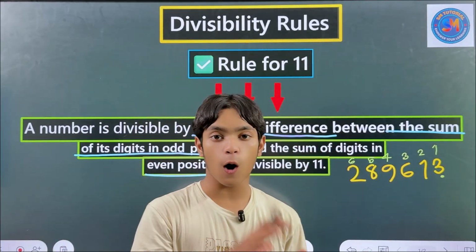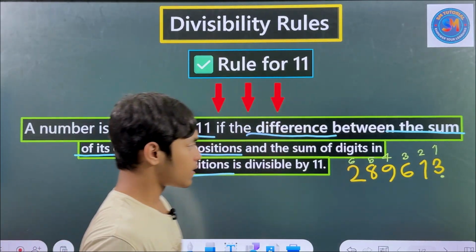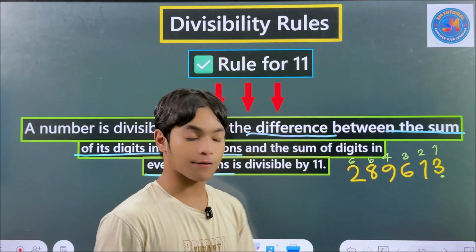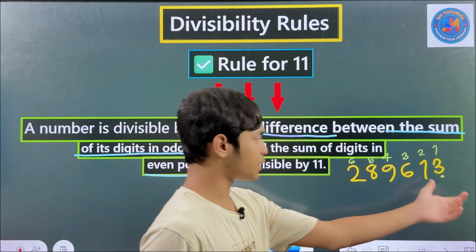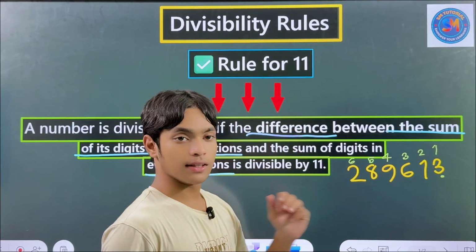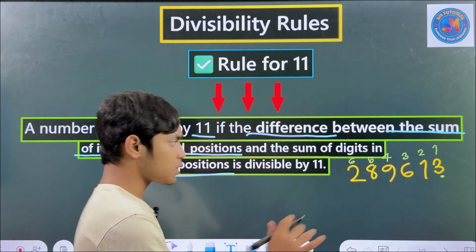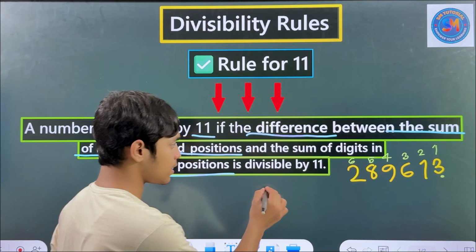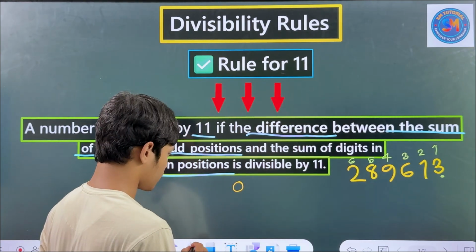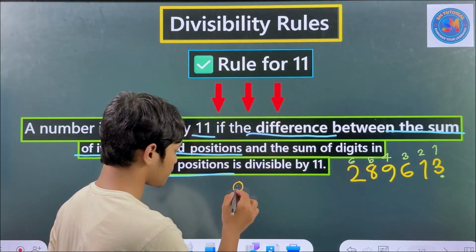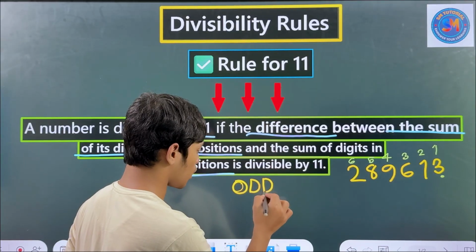So the sum of odd positions. What is the sum of the odd positions? First of all, we have to find the digits in odd positions: 3, 6, 8. These three are in odd positions. Then we have to find the summation of these three. Let's write O double T for odd.